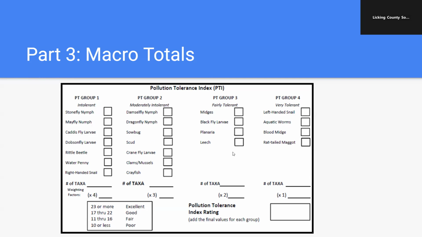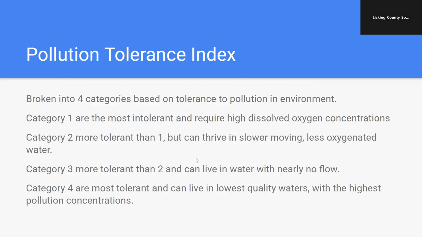So, say you only sampled a riffle and a root wad, you'll likely not find as many of these lower tolerant groups, 3 and 4, as you will the intolerant species for groups 1 and 2. So keep that in mind when you're sampling. The more habitats you sample, the more diversity you get, and the more likelihood you'll have a higher score.